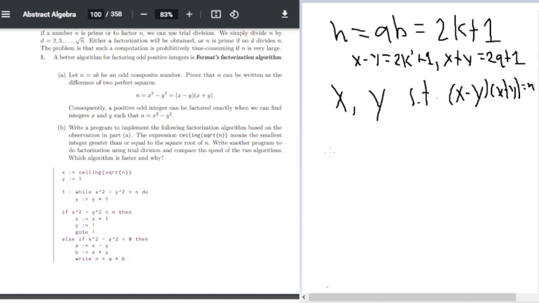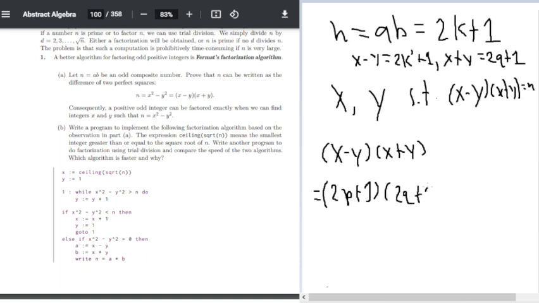So x minus y, x plus y is equal to 2k prime plus 1. We'll do p and q, because they're nice. 2p plus 1, 2q plus 1 is equal to 2k plus 1.